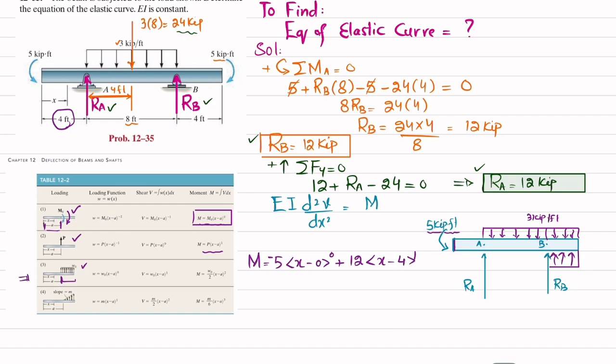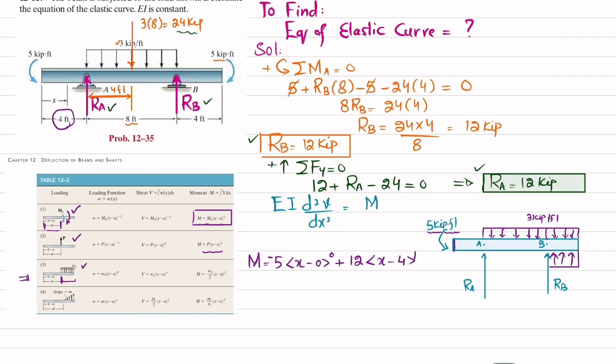Okay. Now another thing is that you have this distributed load. You can see that it is starting from this point till the end. But here the load is downward, so in the moment equation I will write negative, since this is downward.